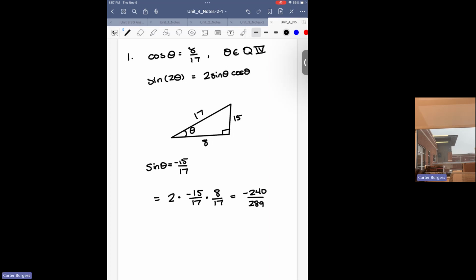So that makes sense. It doesn't do anything for us, it just corroborates. It's negative here because it is quadrant 3.